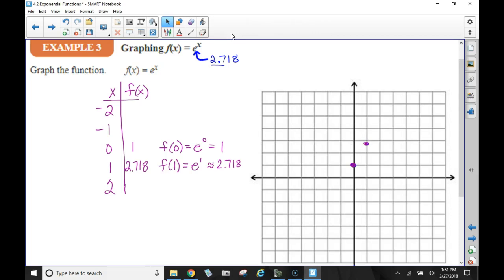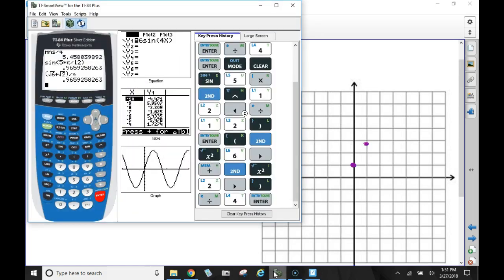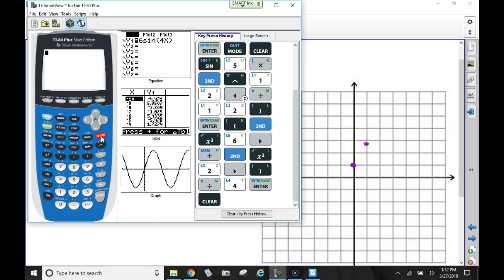Now, on your calculators, let me open up my calculator. Let me clear that out from my trig class earlier. Find your LN button, which we read as the natural log button. Above there you have an e to the x.